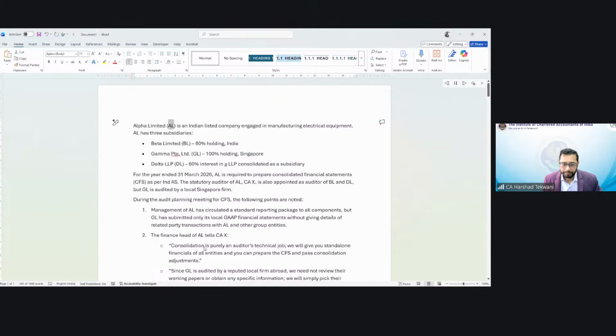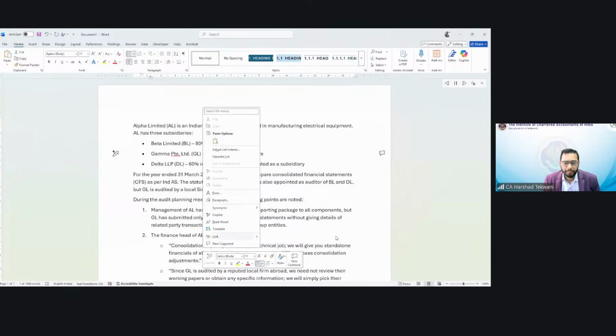Alpha Limited, AL, is an Indian listed company engaged in manufacturing electrical equipment. AL has 3 subsidiaries. Beta Limited, BL, 80% holding, India. Gamma Pte. Limited, GL, 100% holding, Singapore.